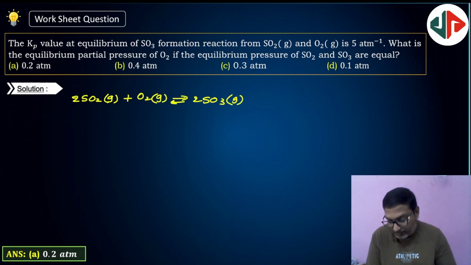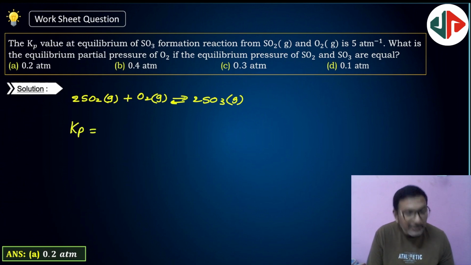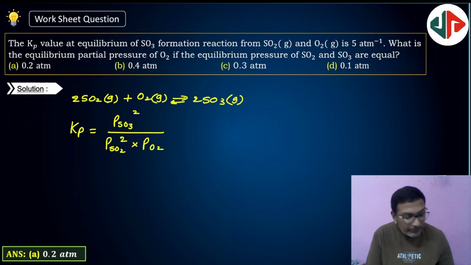The Kp value is given as 5. How to write Kp? Equilibrium constant in terms of partial pressures. So pressure of SO3 squared by pressure of SO2 squared into pressure of O2. This is the Kp expression.